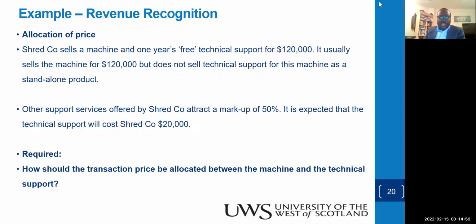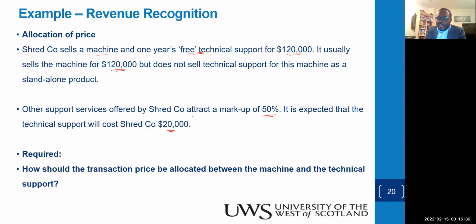So let's take an example once again. Shred Company sells a machine and 1 year's free technical support for 120. So the total cumulatively is 120. It usually sells the machine for 120, but does not sell technical support separately as a standalone product. We are told other services supplied by Shred Company attract a markup of 50%. It is expected that the technical support would have cost 20,000.